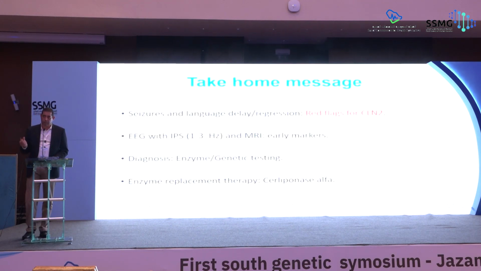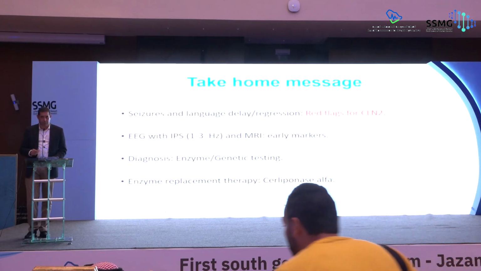So again, CLN2 and NCL are common in the region, mainly in the south. CLN2 is common, but we have to recognize it as soon as we can with the red flags. The red flags are mainly 2: early language delay, and the patient will develop seizures between the age of 2 and 4 years.